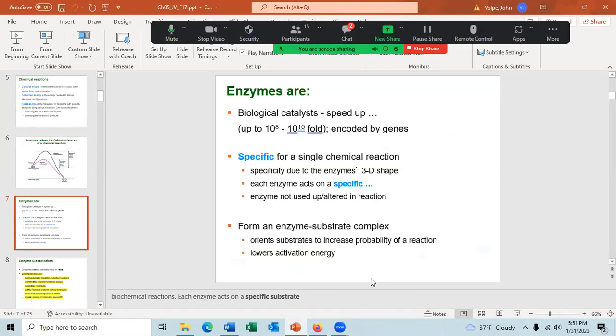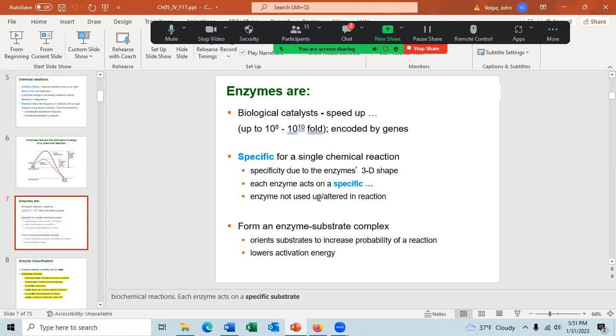For those of you who work with drugs in a clinical setting, you know that that's not entirely true. Sometimes we can have a drug that'll mimic a substrate, and then we can keep this chemical reaction from happening by taking this drug. And that's because the drug is competing with the substrate for binding to the enzyme.